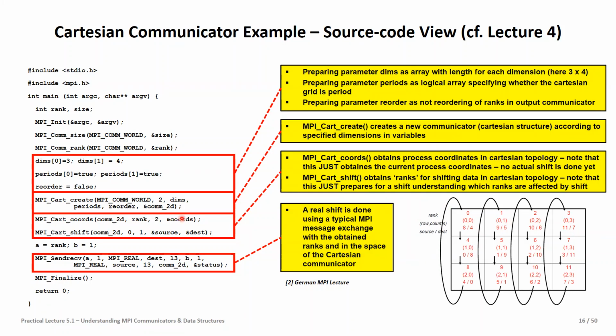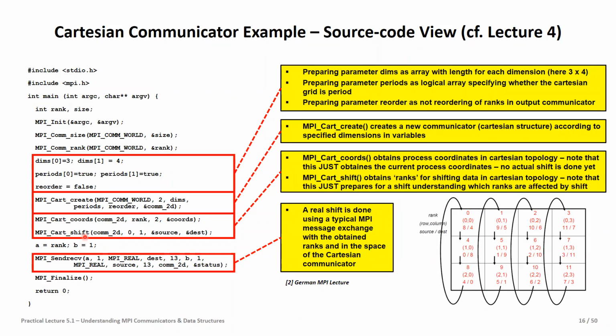And basically this shows you then when you want to have the coordinates, it really gets the, let's say, the process coordinates in the Cartesian topology, which is of course important to understand when you have some application domain problem. And as I said already in one of the earlier lectures, in lecture 5, you do a shift in order to understand some direction where you want to go, but this doesn't mean that you really do anything yet.